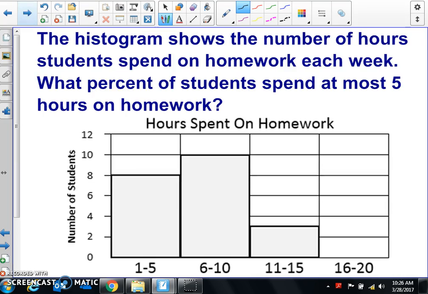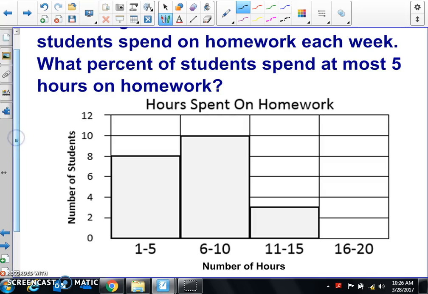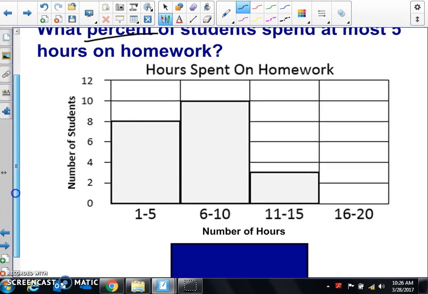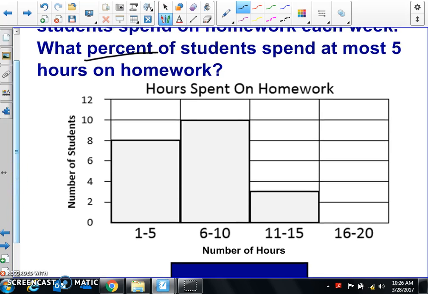Same exact histogram. What percent of students spend at most 5 hours on homework? So at most means 5 or less, right? 5 or less. So if I go over here, 5 or less is at 8. And then remember, this was 10, this was 3. If we want to make it a percent, we start with a fraction, go to decimal, and then double dip.